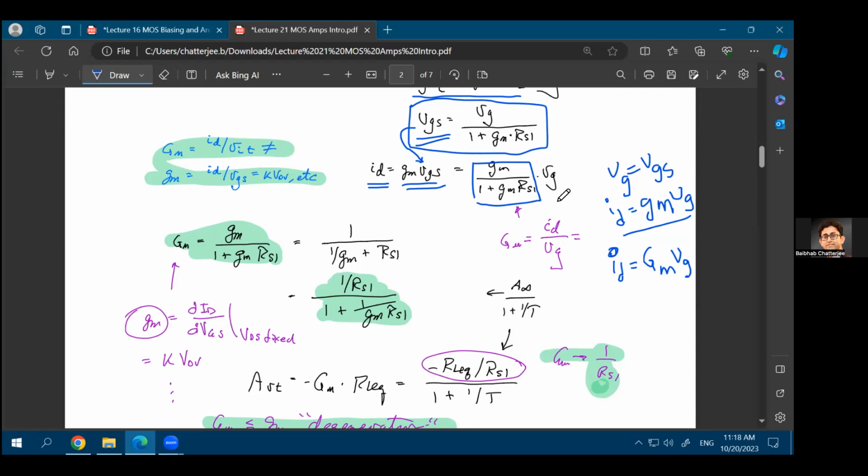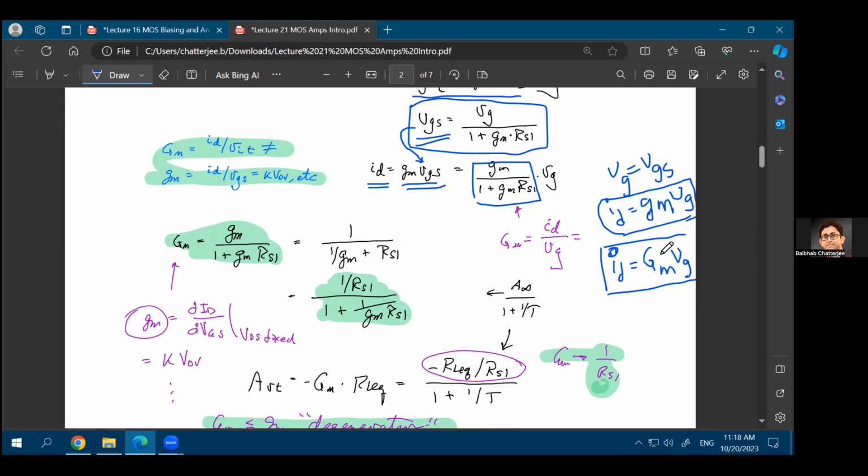Ideally, without the existence of that source resistance, this capital GM would be equal to small gm. Over here I have written ID equal to small gm times VG. Here I am writing ID equal to uppercase GM times VG, and that uppercase GM does not mean it's a DC quantity, it just means it's the modified value of gm in this case.